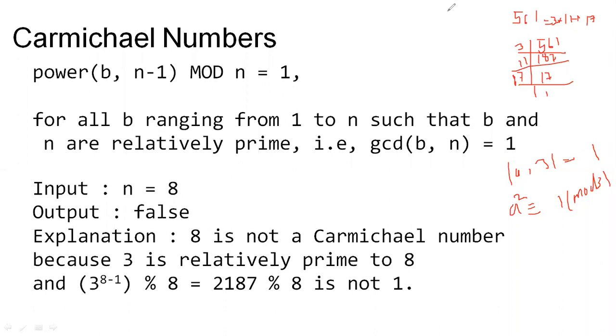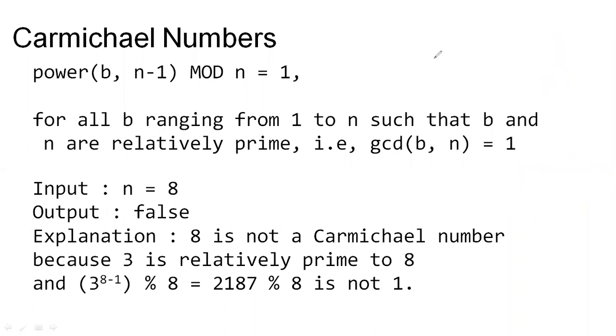There is an equation to find the Carmichael numbers: b raised to n minus 1, mod n, is equal to 1, for all b ranging from 1 to n.